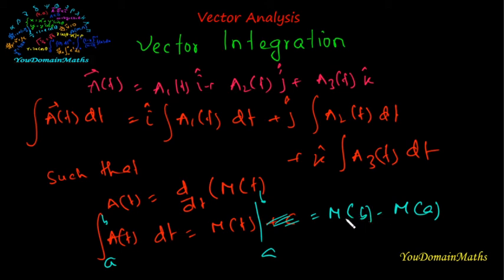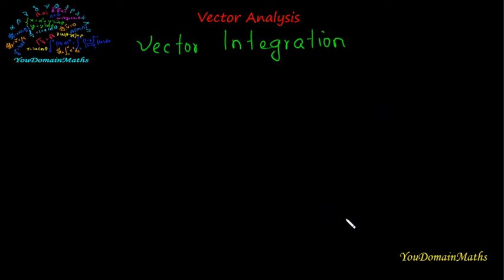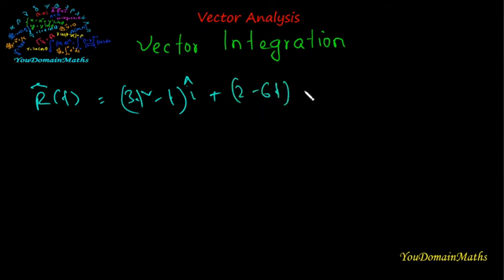Let's take a very easy example. r of t, where r is the position vector, equals (3t square minus t) i plus (2 minus 6t) j plus 4k.